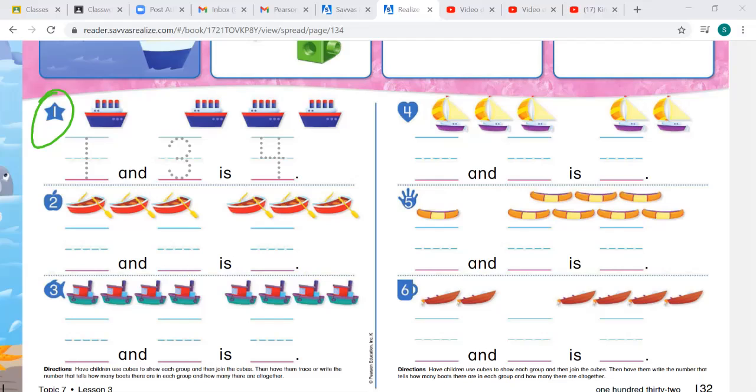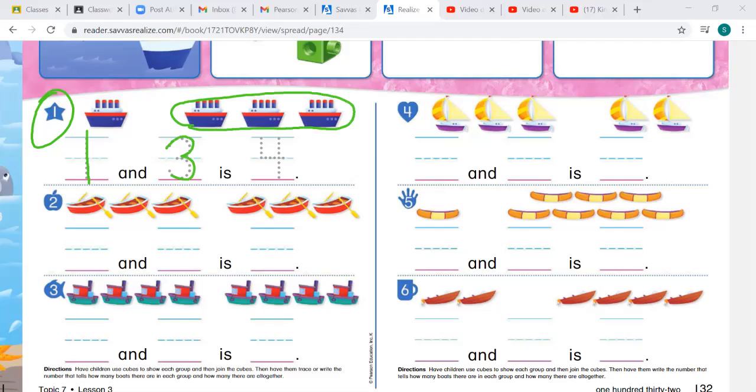So number 1, how many boats do we have here? We have 1. And then we have how many? 3. So if we had our cubes, we would connect all of our cubes together.